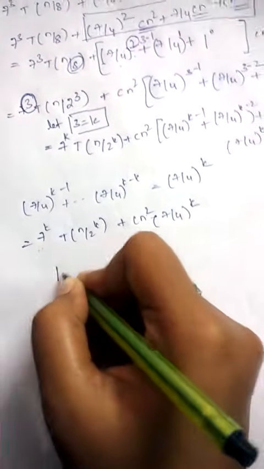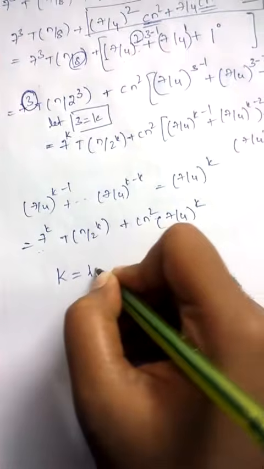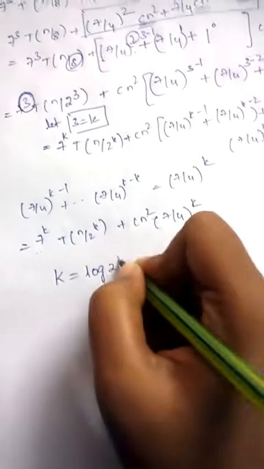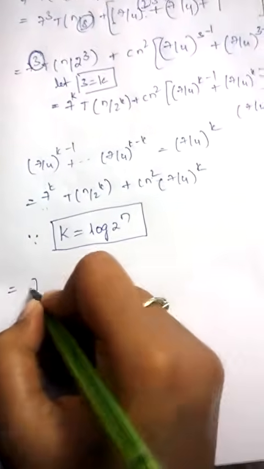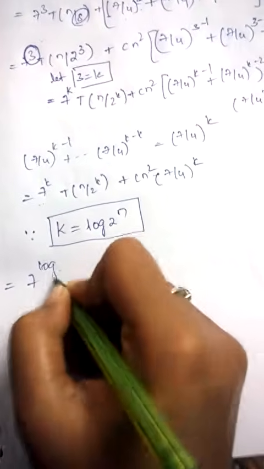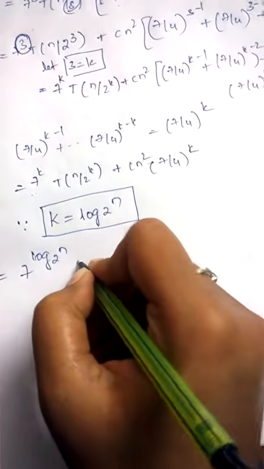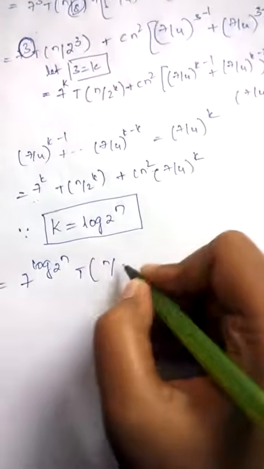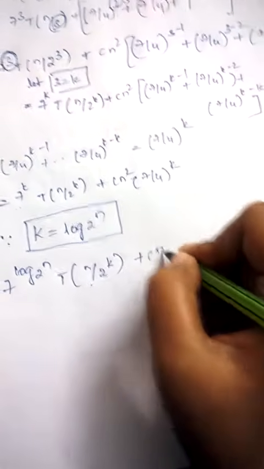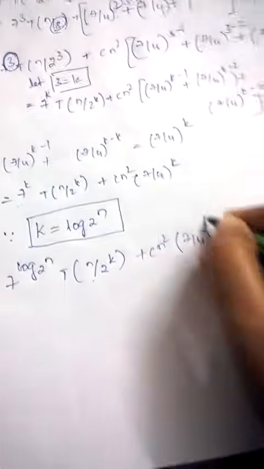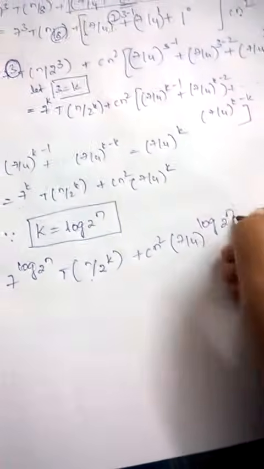In this formula, the value of k will be log n to the base 2. This is a note point which is to be remembered. So let's substitute it: 7 power log n T(n/...), but this should remain like this only, plus cn square (7/4) power log n.